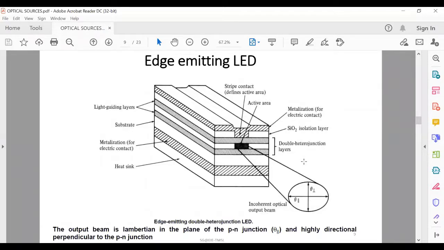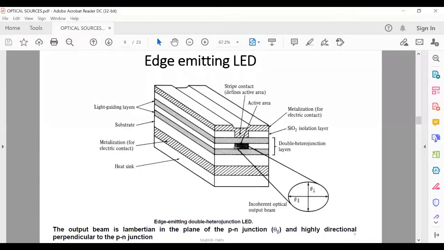In this plane, the beam divergence is very limited, and in the parallel plane, the beam is not confined, and the radiation is just like Lambertian radiation. Okay, now to maximize the useful output power, a reflector must be placed at the end of this diode, opposite to the emitting edge.